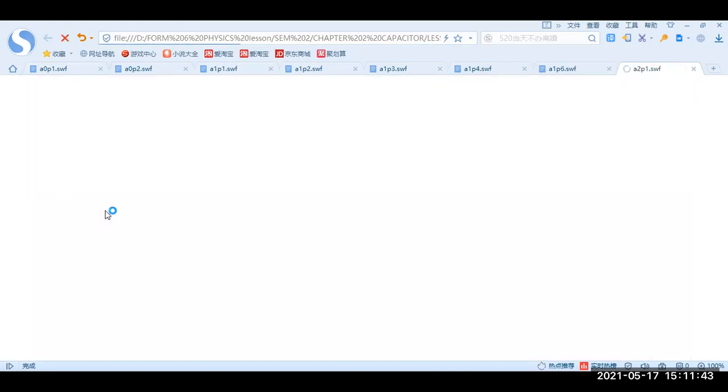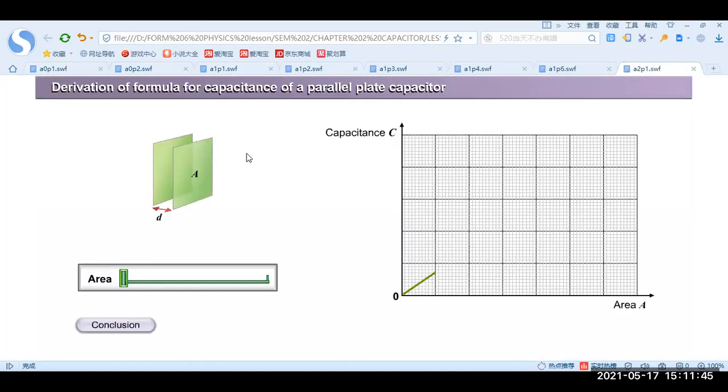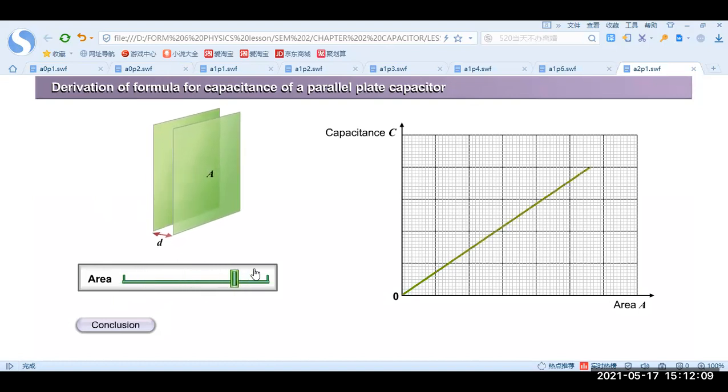Ladies and gentlemen, let's look at the derivation of the formula for the capacitance of a parallel plate capacitor. That means both plates are put side by side. So we call this the parallel plate capacitor. If I increase the area, you notice that the greater the area, the greater the capacitance.